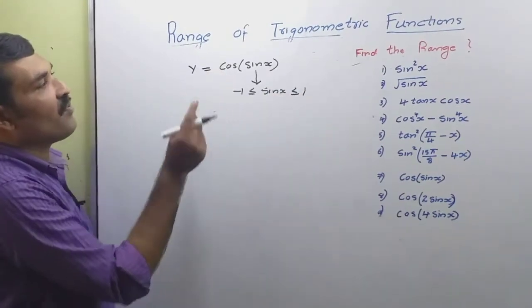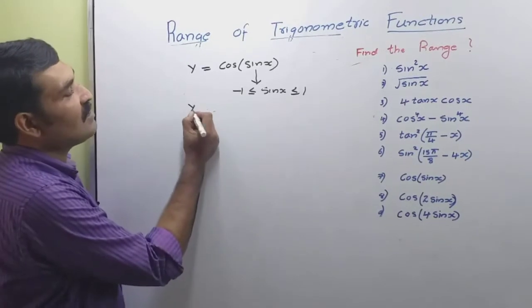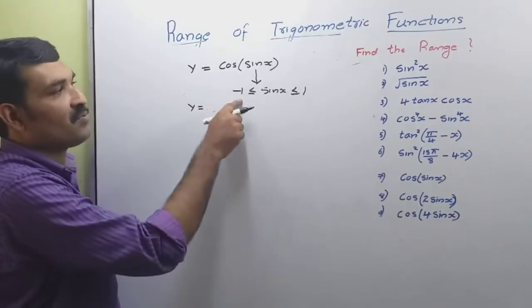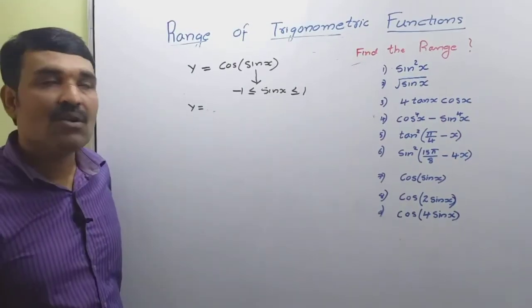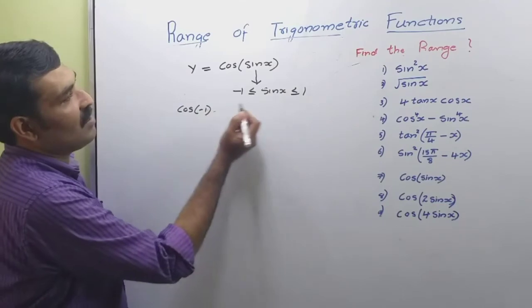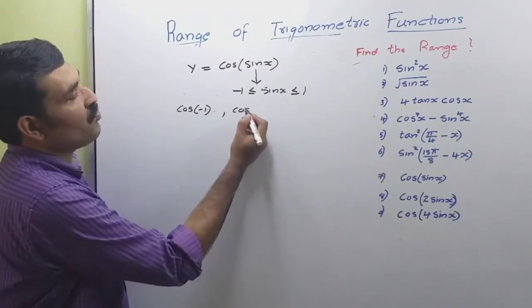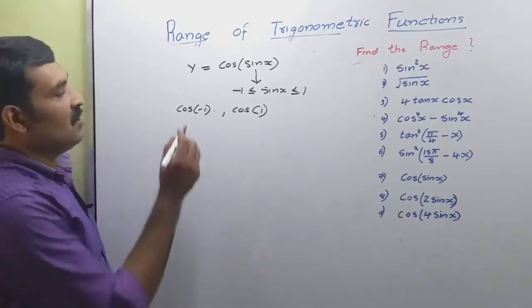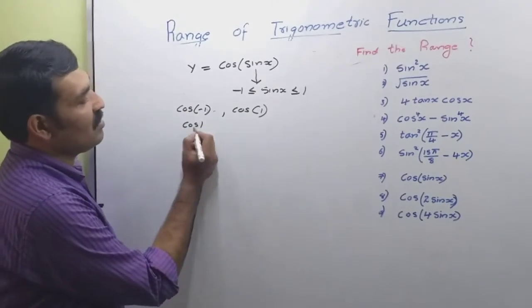So the minimum value of this argument of cosine is −1 and the maximum value is 1. Okay, cos(−1) and cos(1). And we know that cos(−θ) = cos θ. So cos(−1) is equal to cos 1.